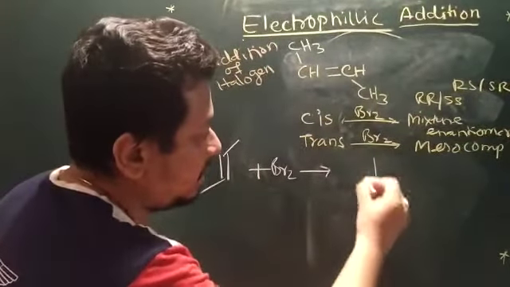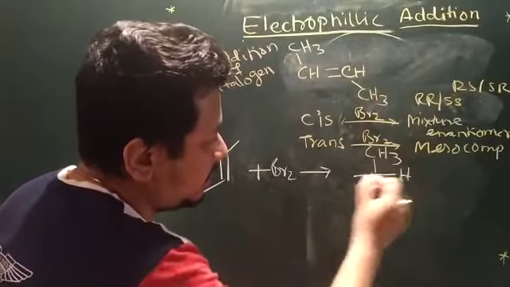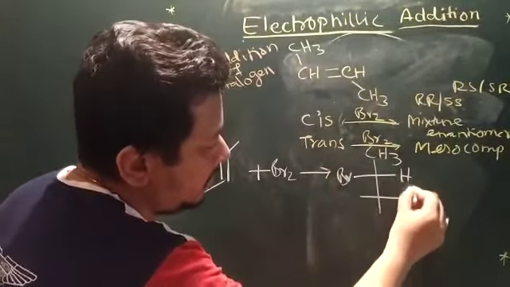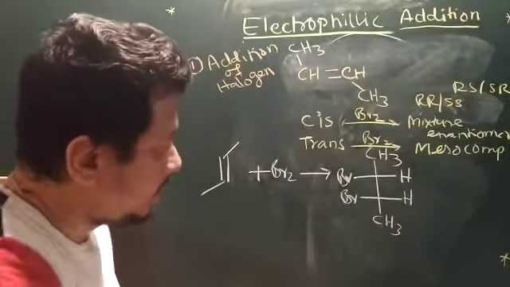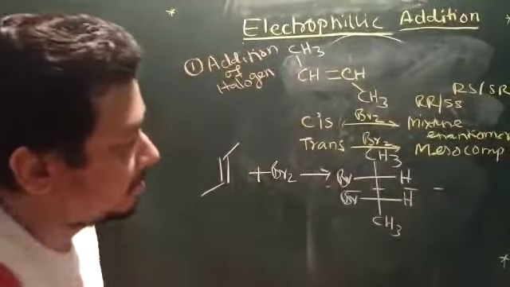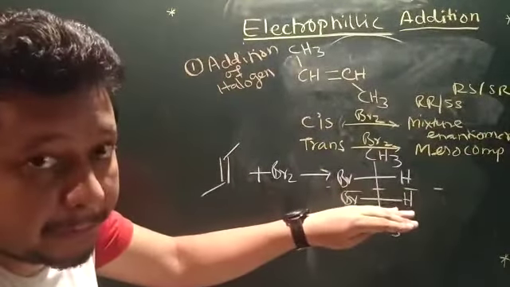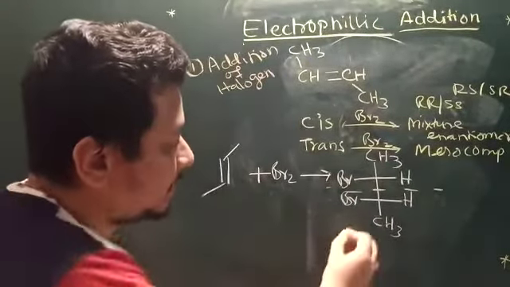So over here I'll be getting this kind of structure, with Br and CH3. If you see, there is a plane of symmetry. It is a mirror image. This half of the molecule reflects a mirror image of the other half, and this is known as a meso compound.